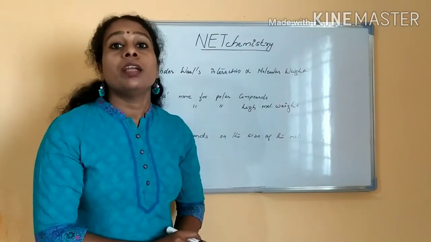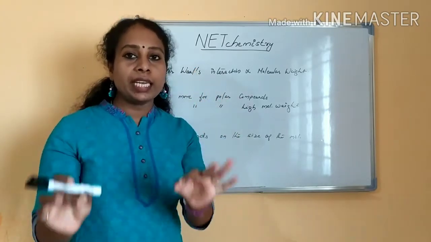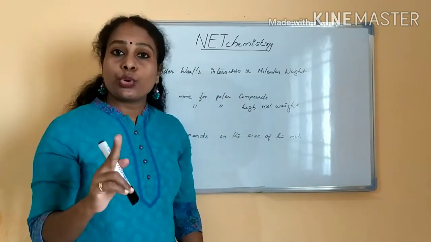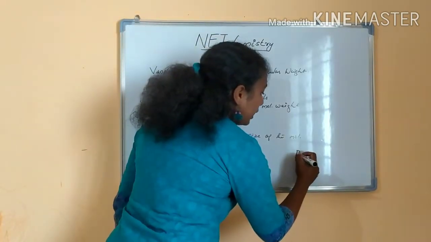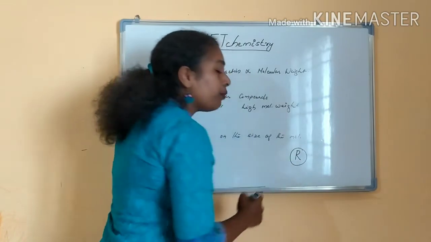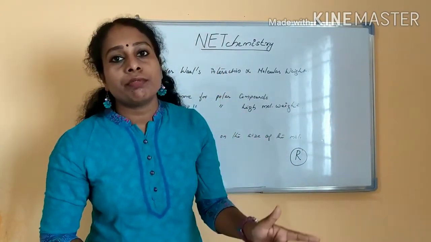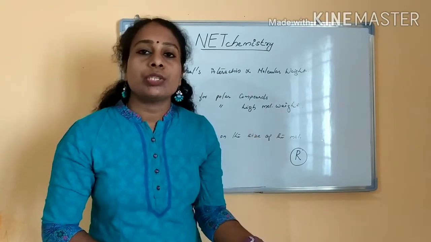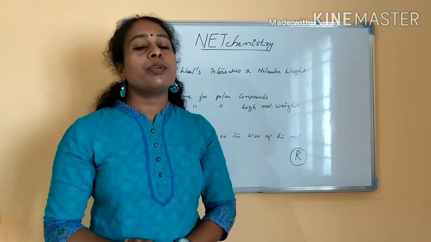Next we will see the virial equation. What is the virial equation? See, if you take any equation with two constants other than R, the universal gas constant, right? Other than this R, if you are getting two constants in any equation, that can be converted into a virial equation. So you tell me, can the ideal gas equation be converted into a virial equation?